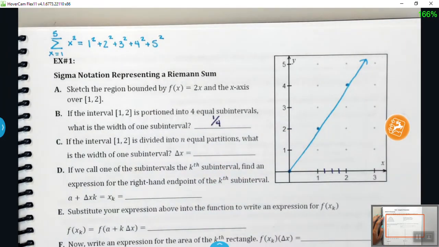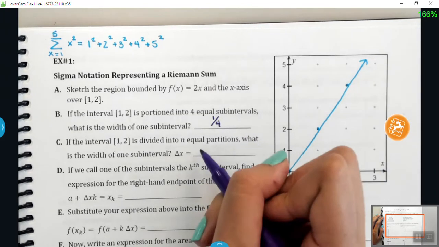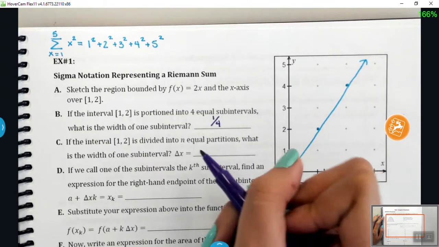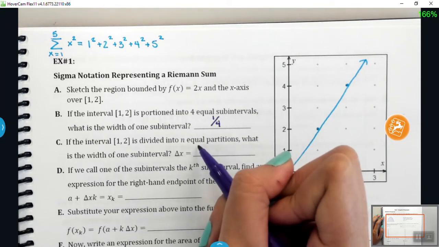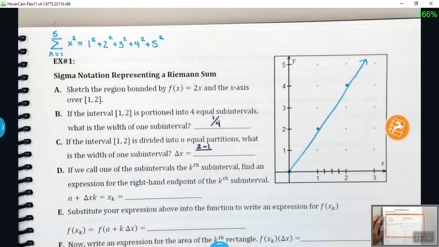Everybody good? Okay. Let's say I divide it into n equal portions. How would you find delta x? We did this on the previous page. Yep. The width of each over how many partitions you want, right?